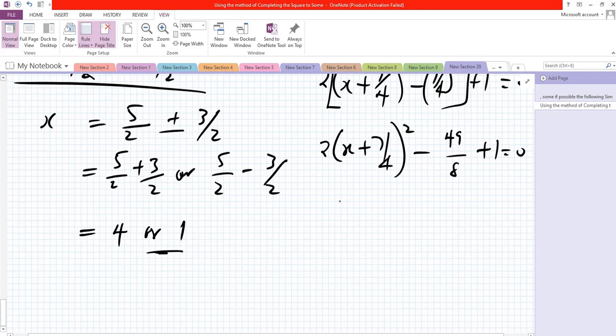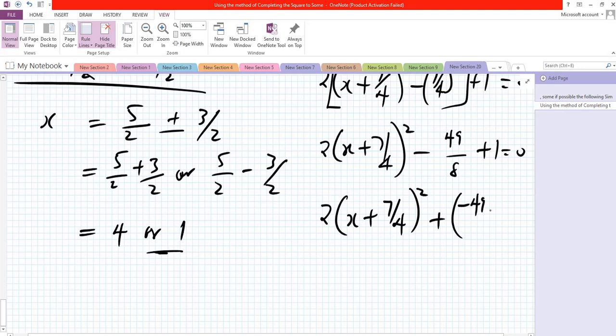So we're left with 2 bracket open x plus 7 over 4 all squared minus 49 over 8 plus 8 over 8 is still the same thing as 1, equal to 0.